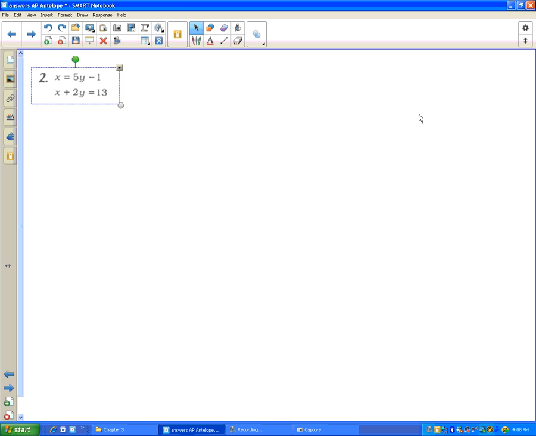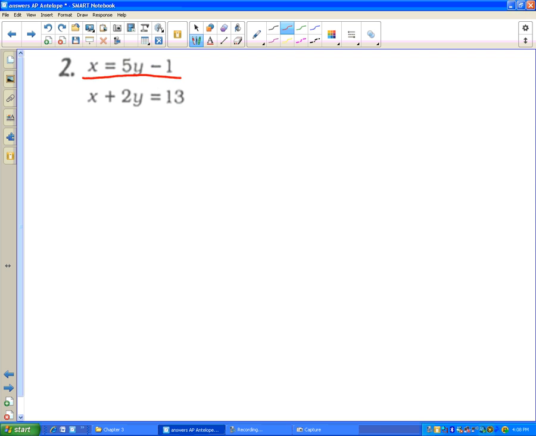So in problem number 2, I have x is equal to 5y minus 1, using red, and x plus 2y is equal to 13. The first step says to isolate one of the variables in one of the equations. Put parentheses around the right side, the other side. My first equation is x equals. X is already isolated.